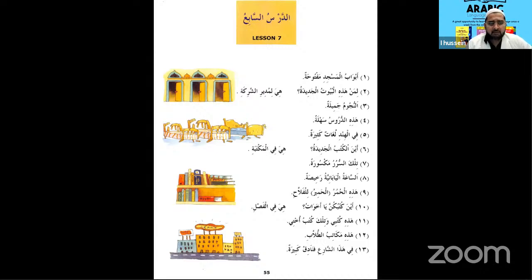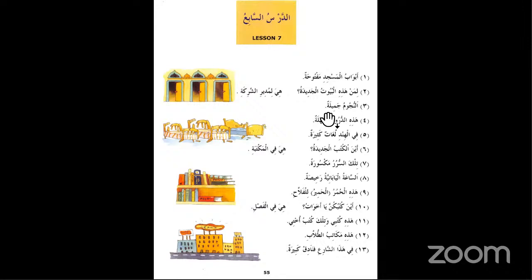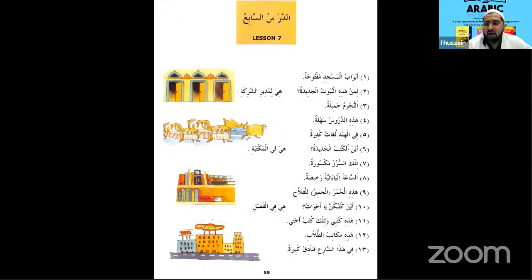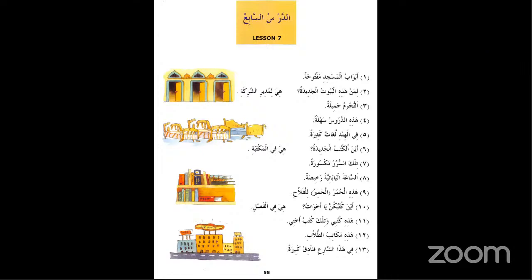Number 3, an-najumu jamilatun. The stars are beautiful. Explain to me now, an-najumu jamilatun. Why is jamilatun coming, and what position does an-najumu have? It is a subject and the predicate. So it's a mubtada and khabar, right? The stars is the subject, and jamilatun is giving the news.